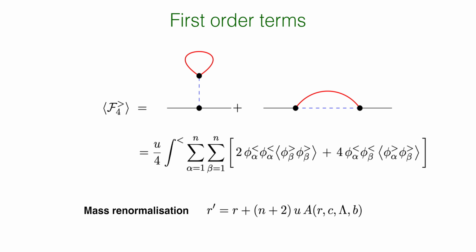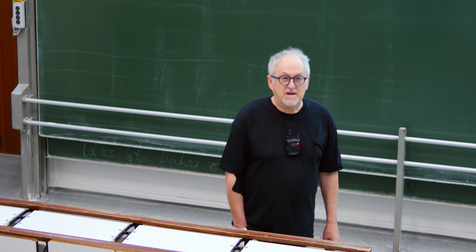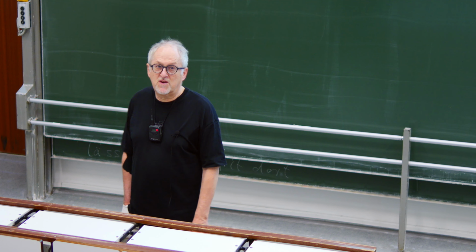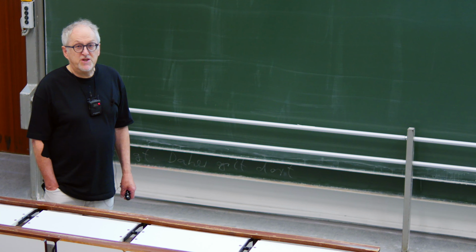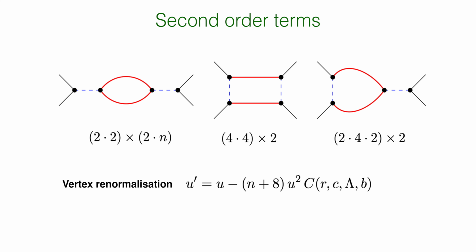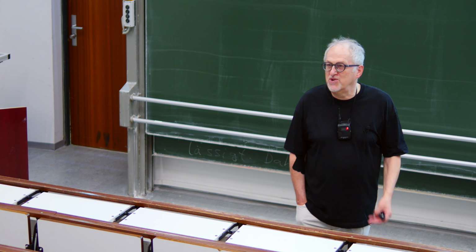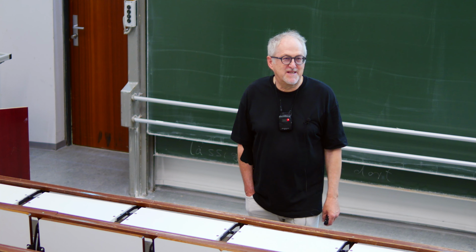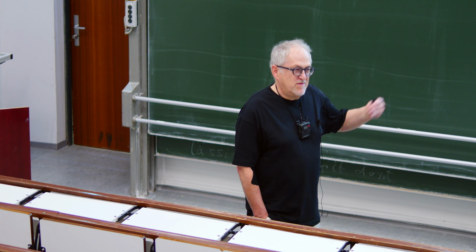Okay, so that's what you find. And now fun starts when you have more than just a single vertex. You go to second order in perturbation theory, and you can impress your friends by drawing these kind of diagrams. I don't know whether they're impressed by that or not at all. I wouldn't. It's just a bookkeeping device. I think some people have this mystical view of Feynman diagrams as being something super cool, but they are not really super cool.